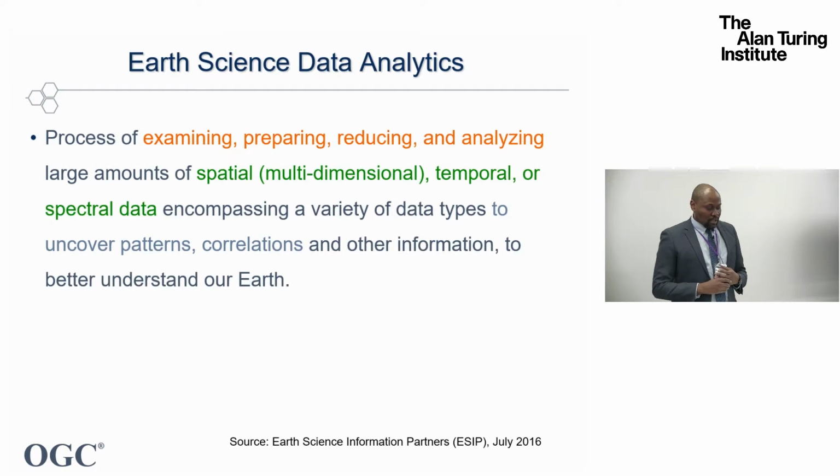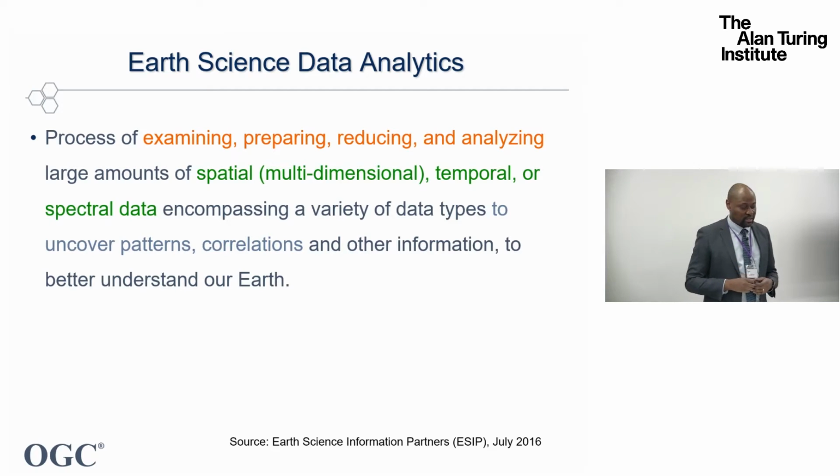In the Earth Science Data Analytics community, we have been doing quite a lot of work that involves many of the data sets and standards that I've shown here this afternoon. I've got here a description of how the ESIP community, which is mainly based in North America, describes earth science data analytics. Some of this you'll probably see is quite related to the work that you do here at the Alan Turing Institute and elsewhere.